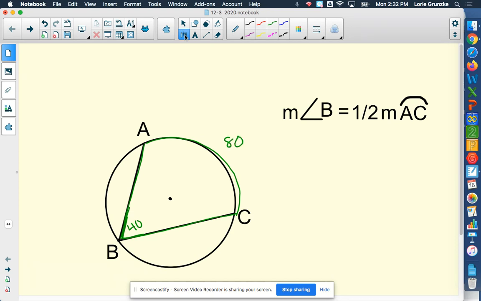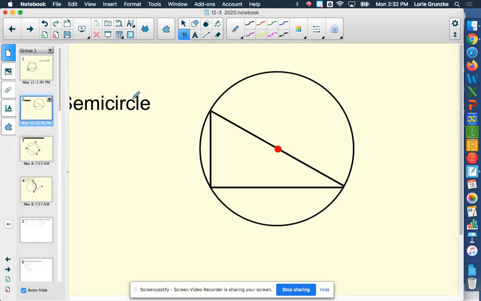Something I forgot to say: this is considered an inscribed angle. Inscribed means the angle is on the circle. If the angle is on the circle, the arc that it makes is double the angle size. Inscribed angles.